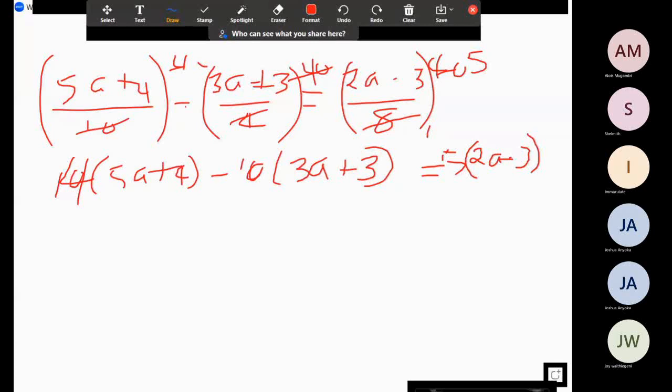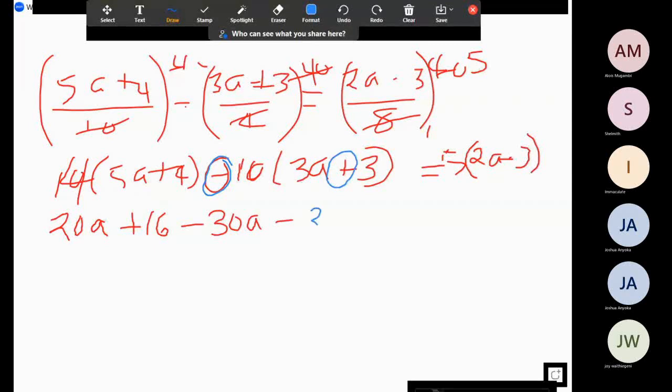or another negative. So this one becomes 20a plus 16 minus 30a minus, because of this minus and this plus, becomes minus 30.